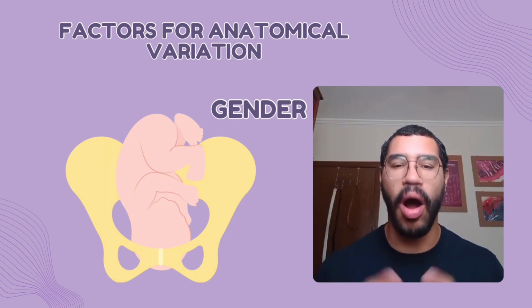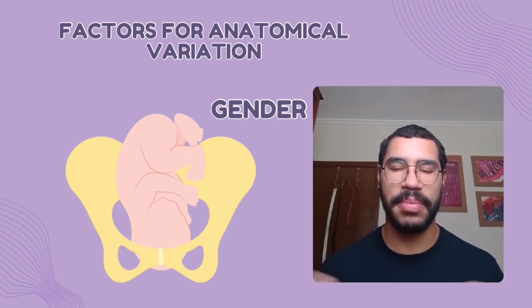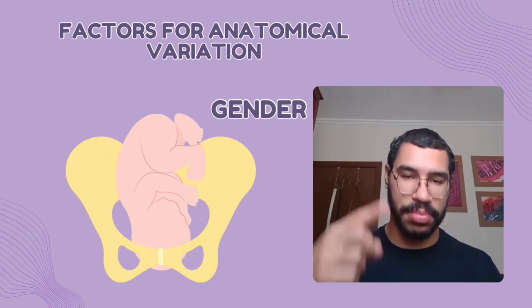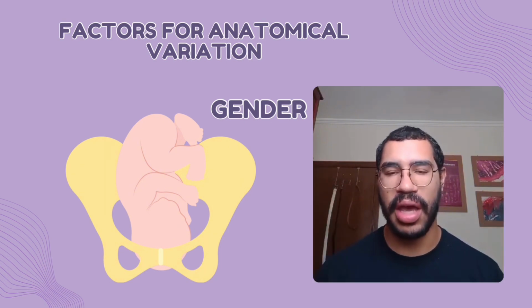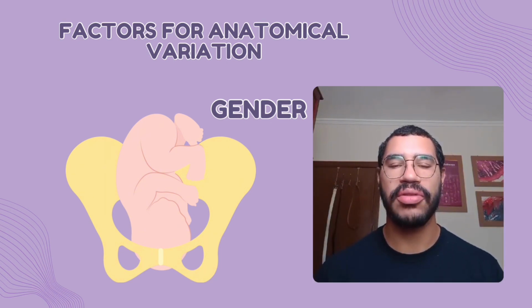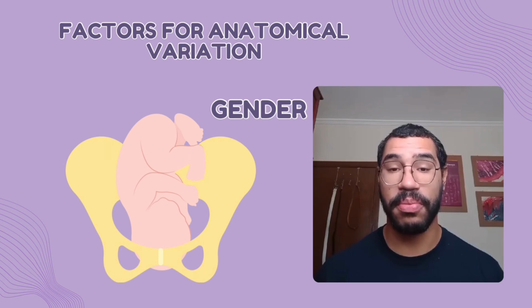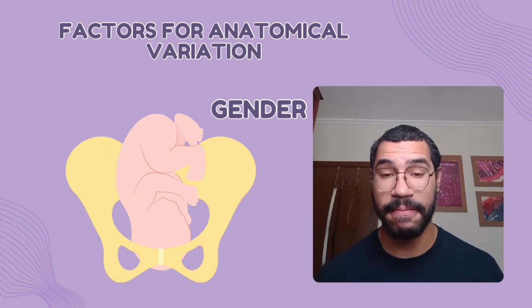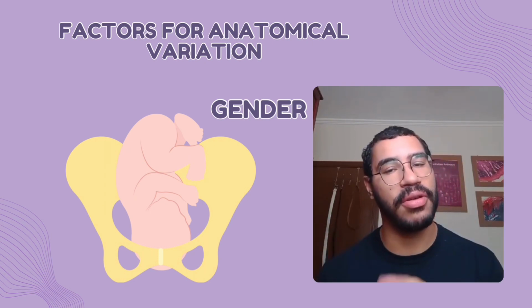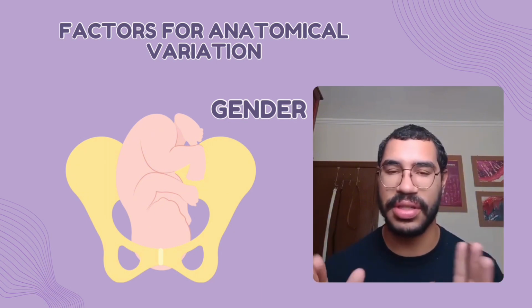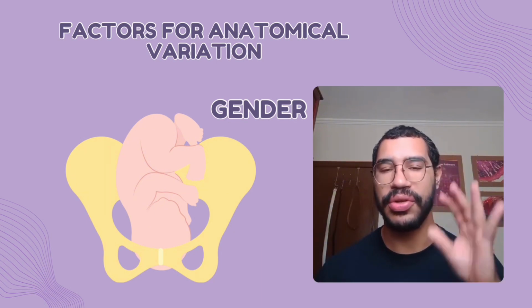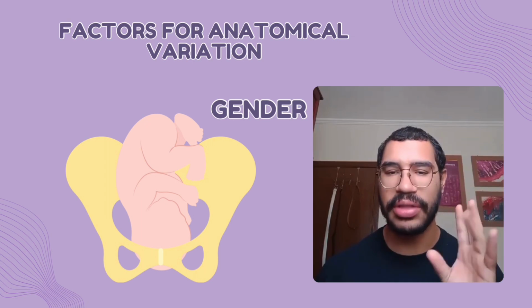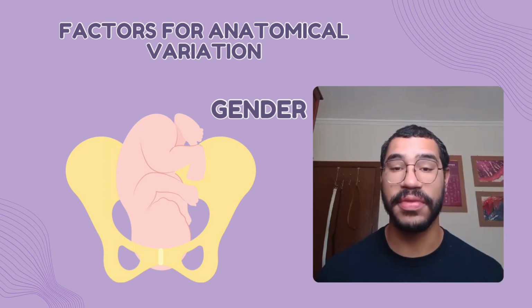So this wider angle and this wider pelvis helps during the whole process of pregnancy to allocate the fetus, and also during the birth process itself. But again, male and female pelvis will have the same functions apart from the birth and pregnancy, which is support, anchorage, and protection of some viscera.